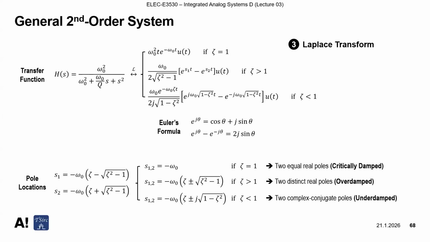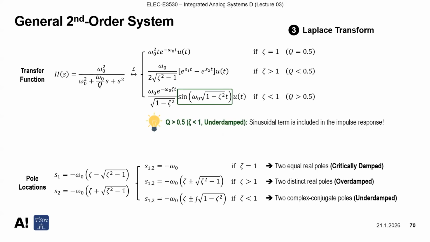And when we take the similar formula of e to the power of j zeta minus e to the power of minus j zeta, it goes to 2 times j times sine zeta. So we can apply Euler's formula, then we end up here, right? So we have omega 0 times e to the power of something as a coefficient. And finally, we have a sine term here as an inverse Laplace transform.